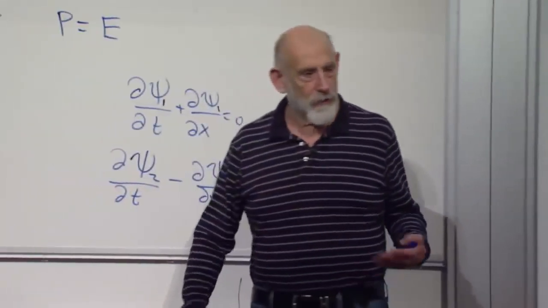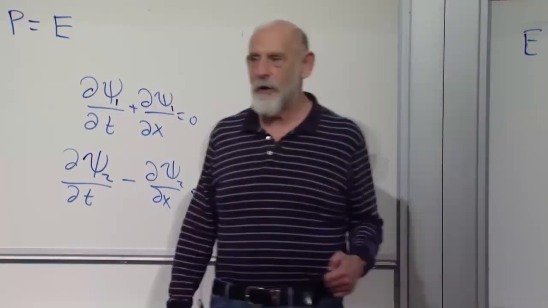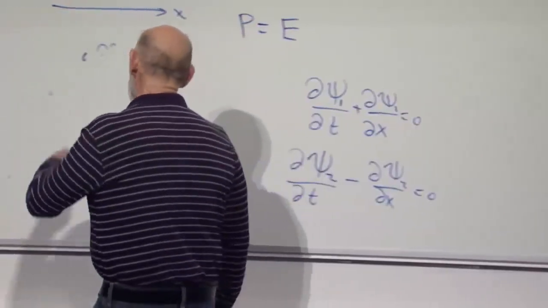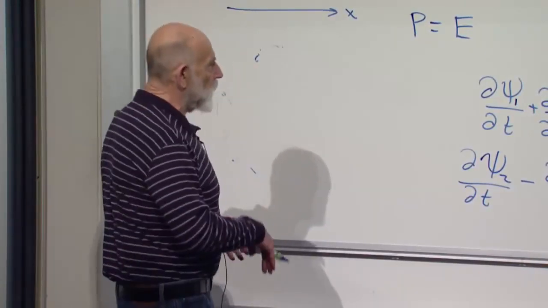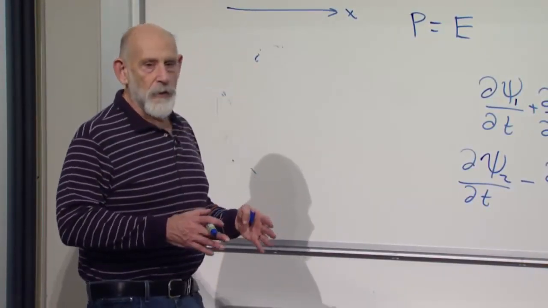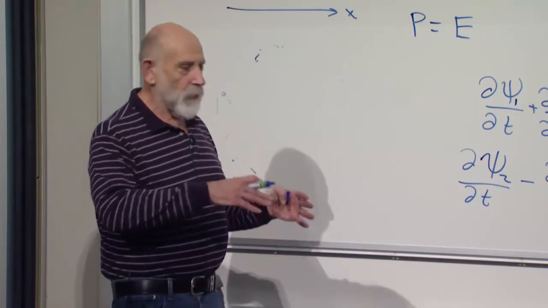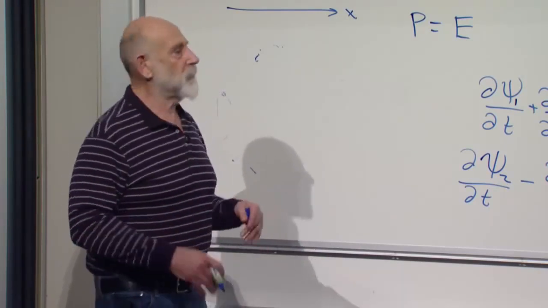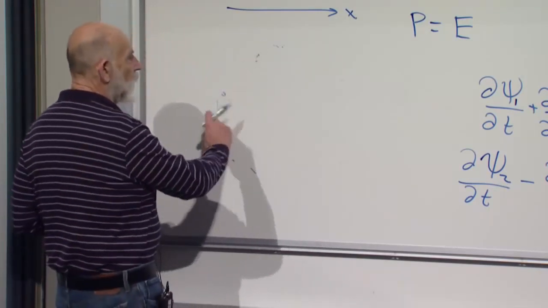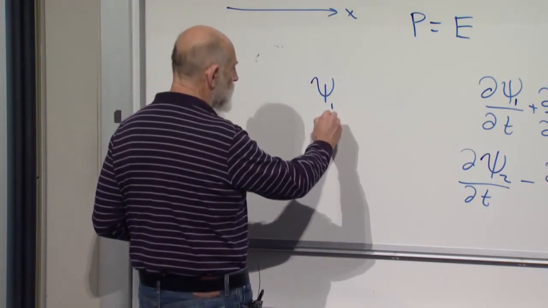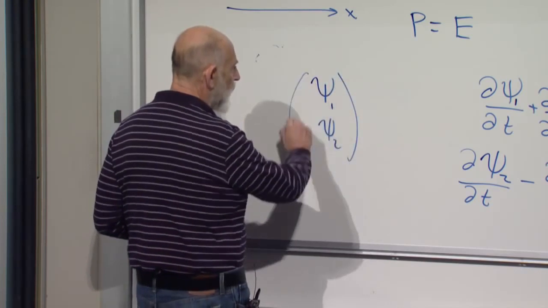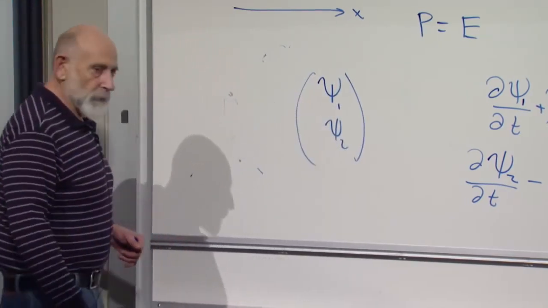So he understood a little bit about matrices and so forth, and he said, look, let's write this in matrix form. Let's introduce observables which tell you whether you're 1 or 2, and that means that what we want to do is take our psi's and think of them as a column vector. Psi 1 and psi 2, put them together like so.